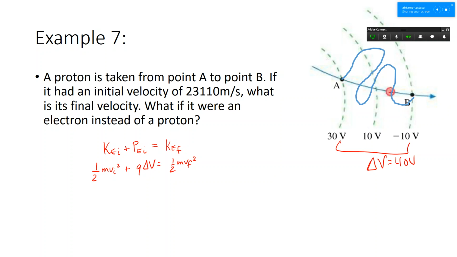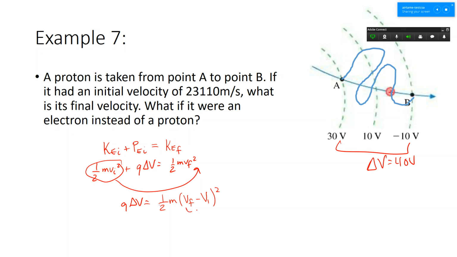If I were to change this around and move the 1/2 m v initial squared onto the other side, I would be writing q delta v is equal to 1/2 m (vf minus vi) squared, right?